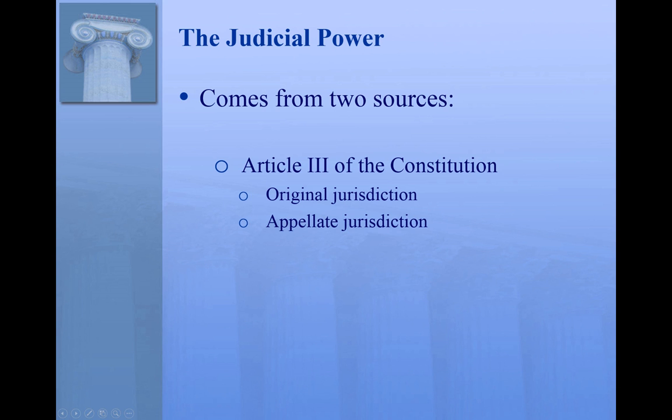Now, the other source of the court's jurisdiction is an act of Congress called the Judiciary Act of 1789. Using its power in Article 3 to organize the court system and supervise the Supreme Court's appellate jurisdiction, Congress passed this act in 1789. Article 3 is the shortest of the three articles.